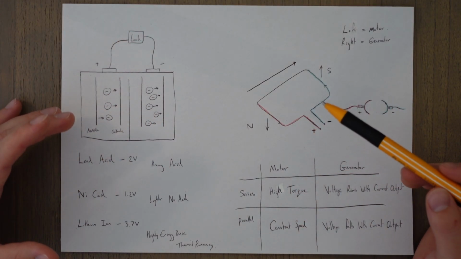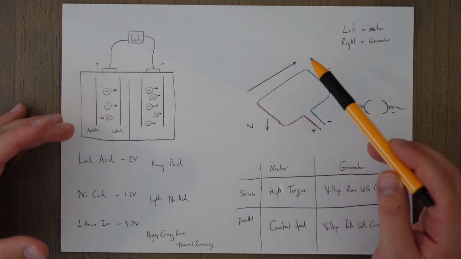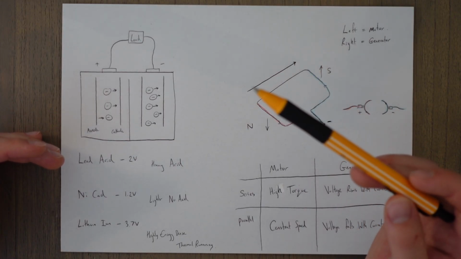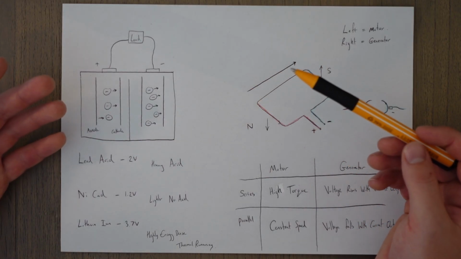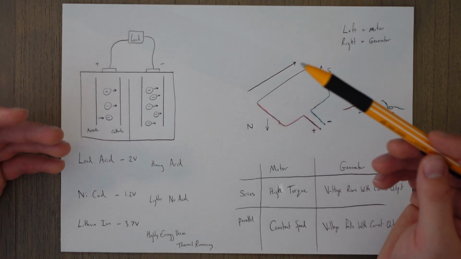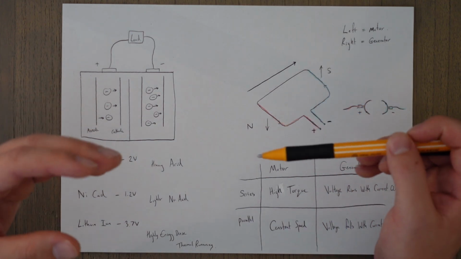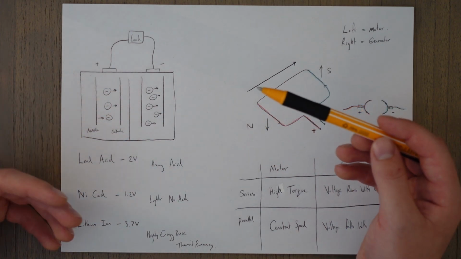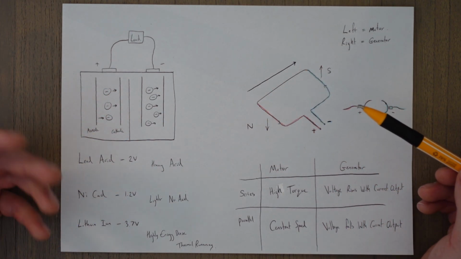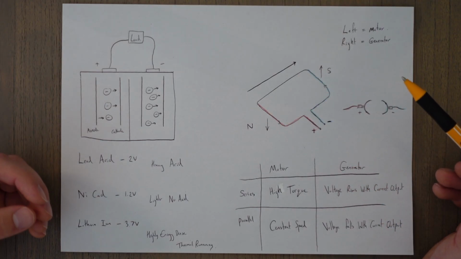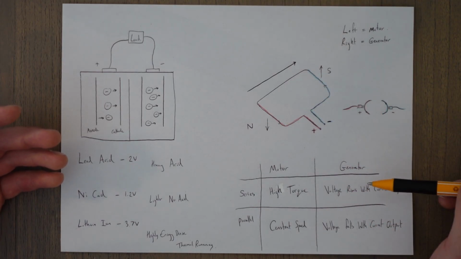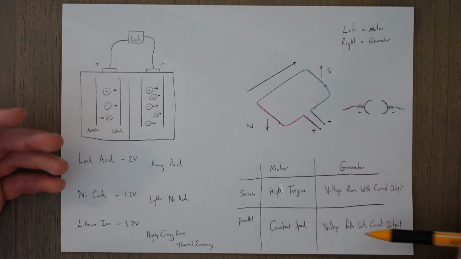So the magnetic field in a generator can be generated from an electromagnet, and we can use the generator to provide the electricity for that magnet after an initial burst from a battery or something like that, once the generator is up and running. We can wire that electromagnet in series or in parallel.